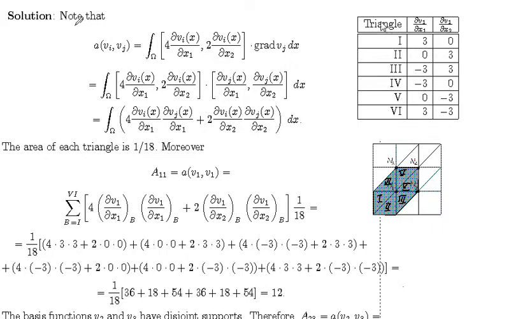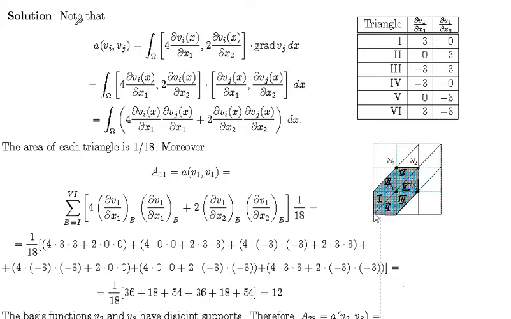We make a table here of the partial derivatives of the basis function v1 with respect to x1 and x2. We use linear elements on each of these triangles, and in this case the partial derivative in this triangle 1 is just equal to 3.